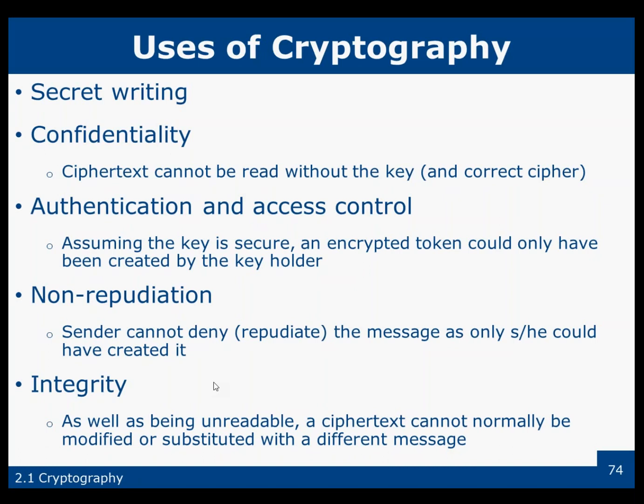And non-repudiation: the sender can't deny, repudiate, the message, as only they could have created it if it's encrypted, because they're going to use their key to do the encryption, or actually they're going to sign it with their key.